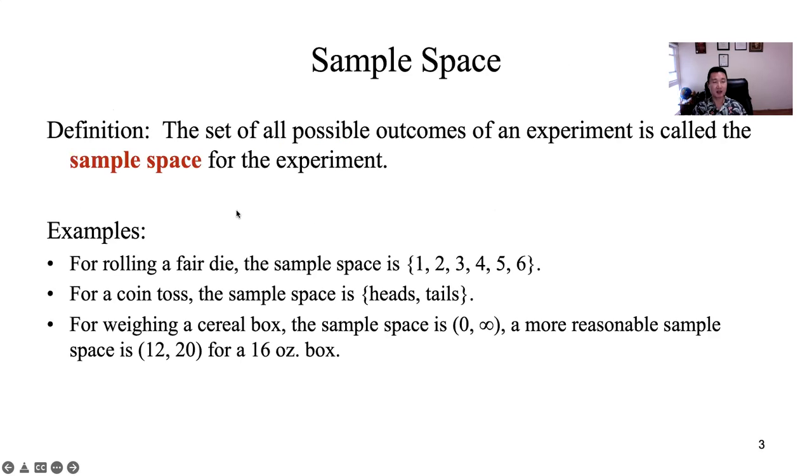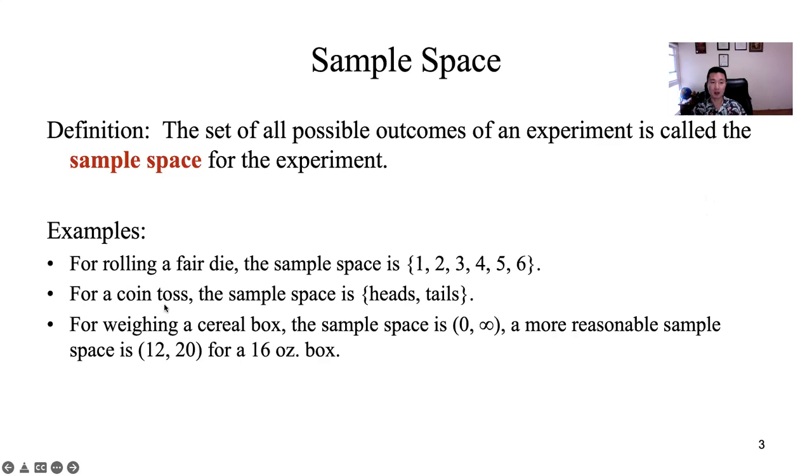For sample space, I think we discussed this before. The sample space is the set of all possible outcomes of an experiment. For example, rolling a die, the sample space will be 1, 2, 3, 4, 5, 6. And for tossing a coin, the sample space will be heads and tails, so only 2 possible outcomes.